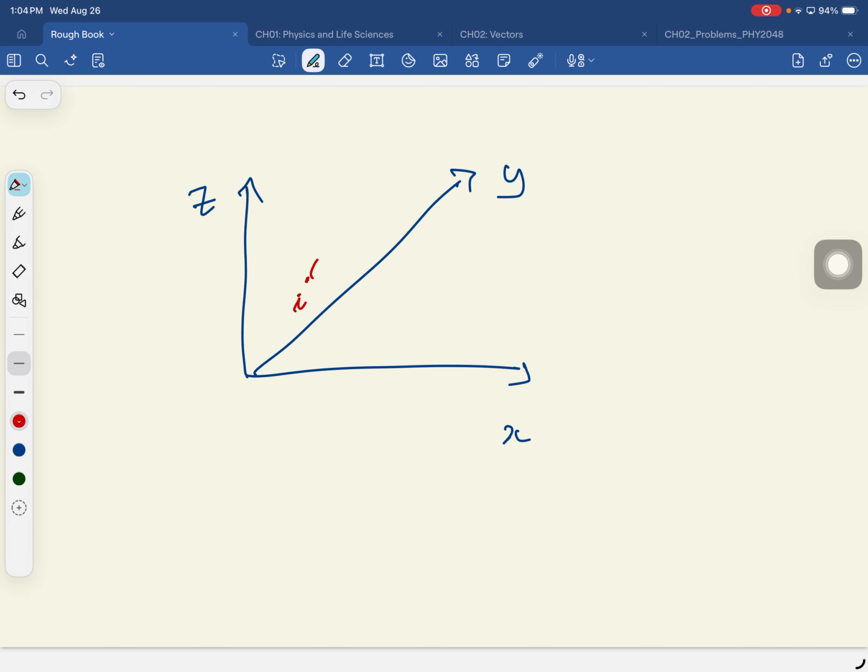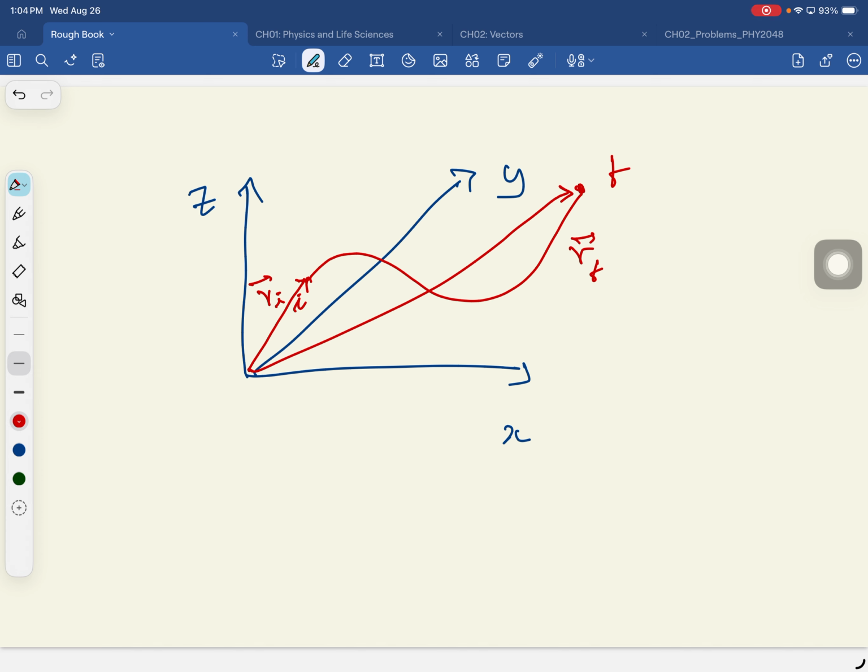You start off here and you end up there. This is the initial position, and there's your final position. And those are vectors.